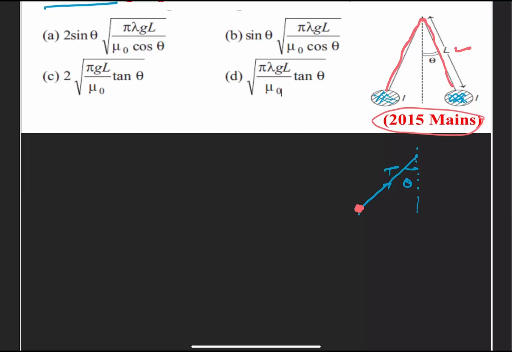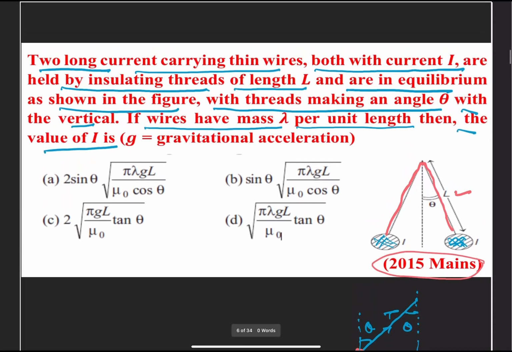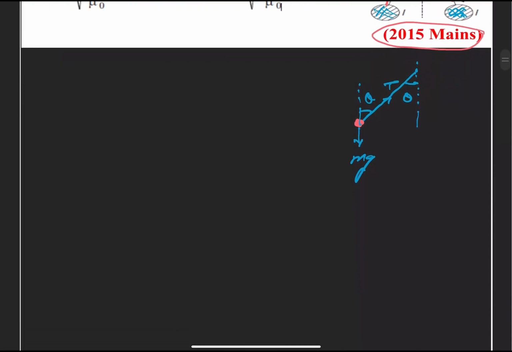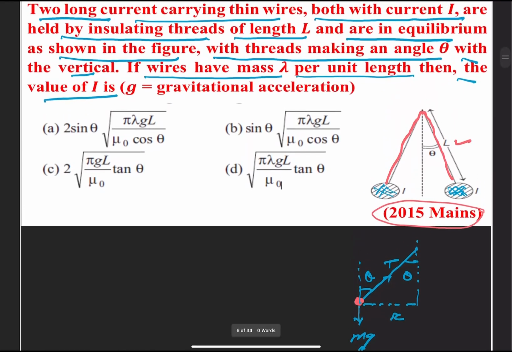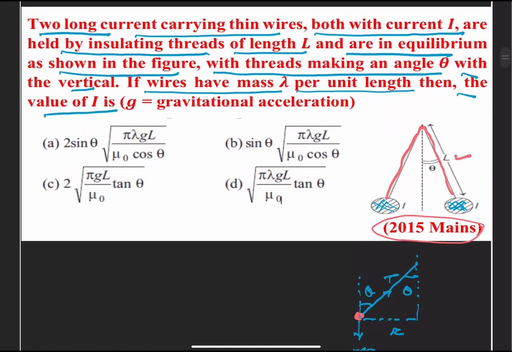In the downward direction, we are going to have the force, weight mg, and this angle will be theta. Suppose this is the distance r. We are given that the wires have a mass lambda per unit length, and the length is given as L.